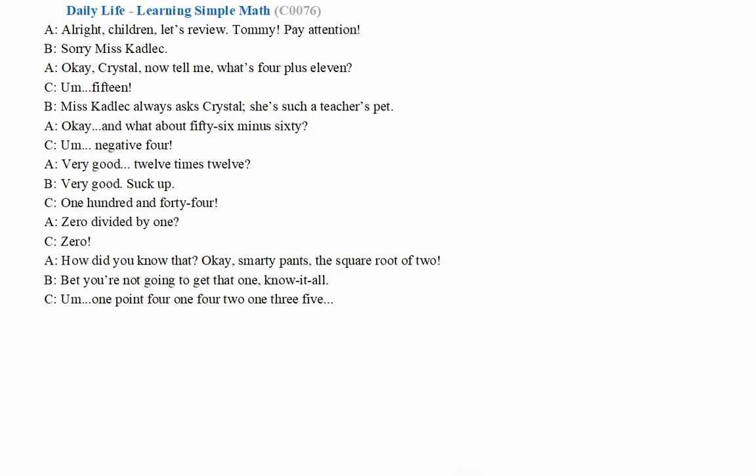Negative 4. Very good. 12 times 12? Very good. Suck up. 144. 0 divided by 1? 0. How did you know that? Okay, smarty pants. The square root of 2. Bet you're not going to get that one, know-it-all. 1.4142135.